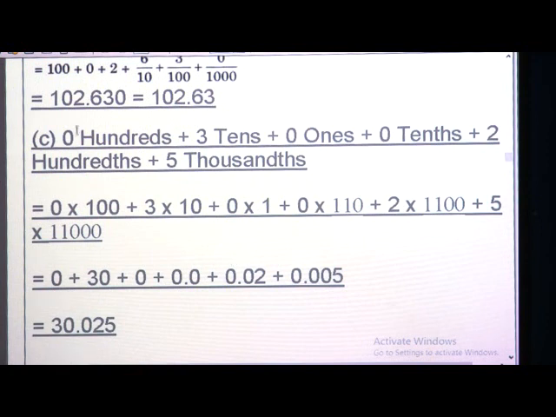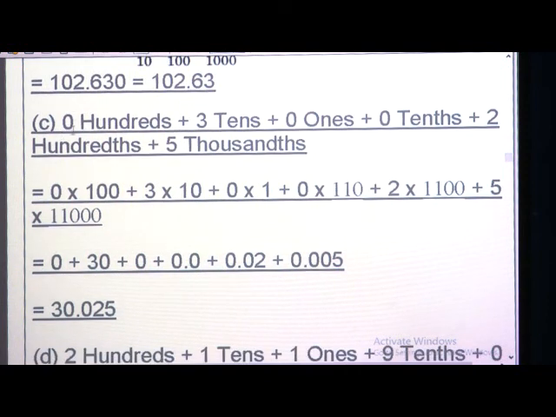Next example: 0 hundreds plus 3 tens plus 0 ones plus 0 tenths plus 2 hundredths plus 5 thousandths. So, 0 into 100, 3 into 10, that is 30, 0 into 1, 0 ones, 0 into tenth, 0 tenth, plus 2 upon 100.